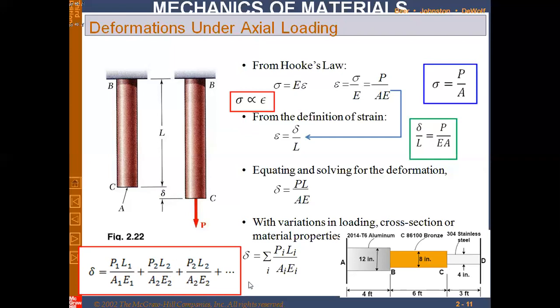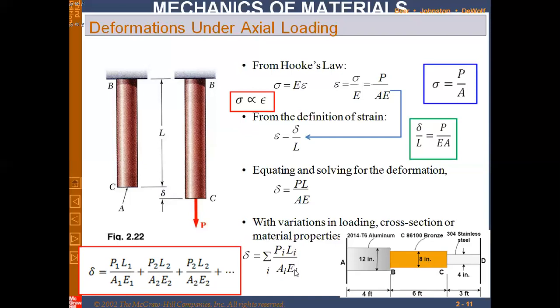Generalizing this equation for a number of segments, we are trying to write this equation in sigma form. So delta is equal to sigma of PiLi/AiEi, where i goes from 1 to n, the number of segments that are included in the material.